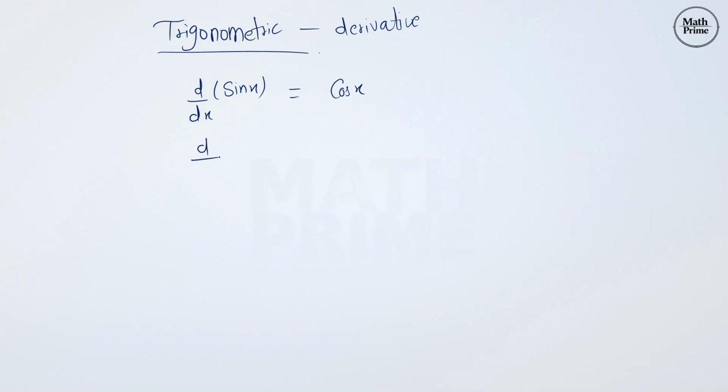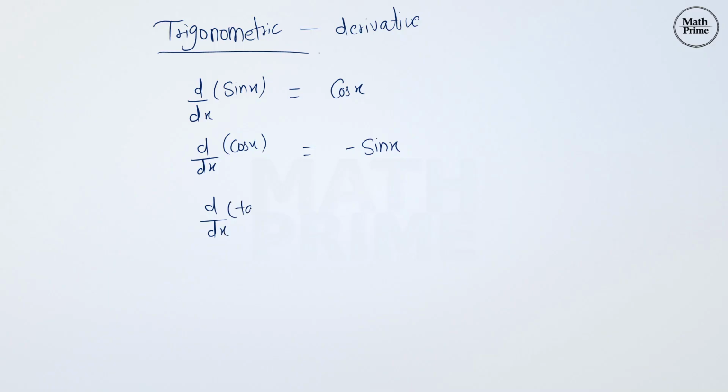Now let's understand trigonometric derivative formulas like sin x, cos x, tan x. Now d upon dx of sin x is cos x. Now d upon dx of cos x is minus sin x, and I will revise and help you remember in this single video.